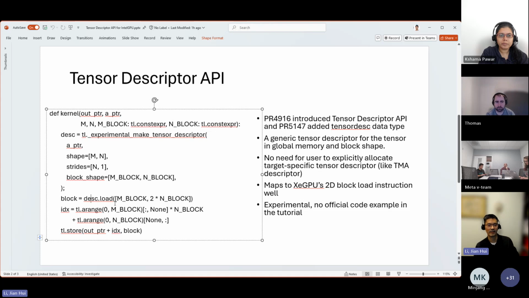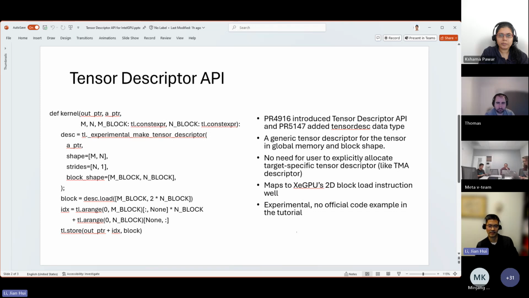We believe in the future it should probably be tl.load with the tensor descriptor and then the offsets. But overall we are very excited to see Triton evolving to this more generic form, and we look forward to seeing this pushed to be more official.